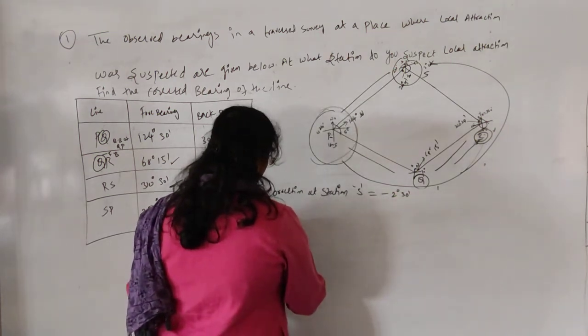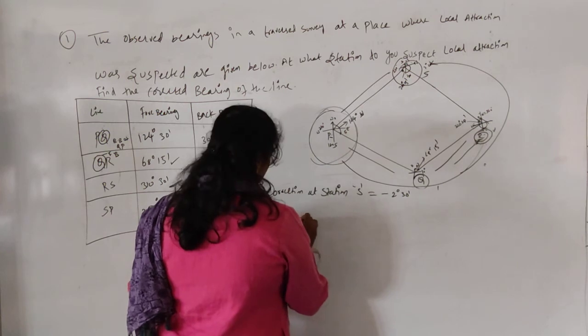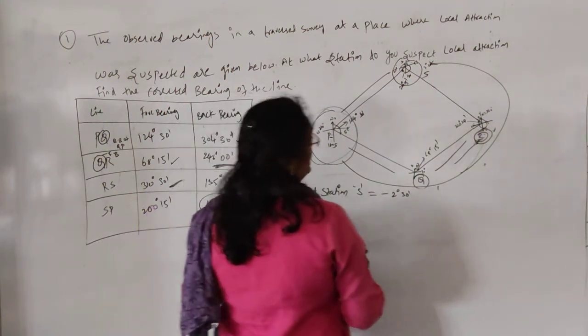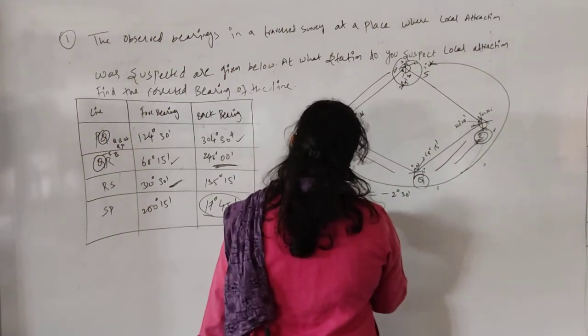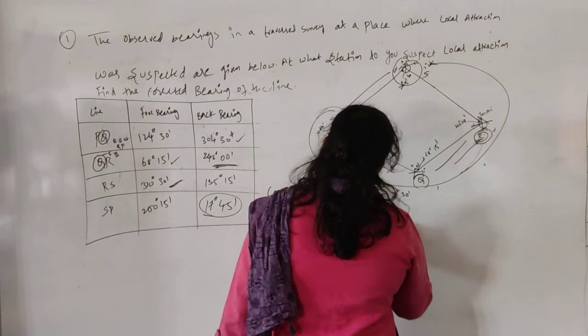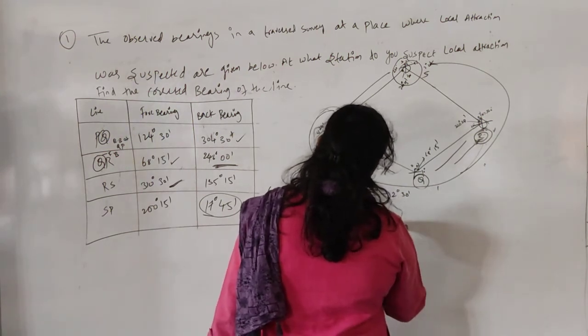Now we need to go for the corrected forebearing of SP. So how much will it be?